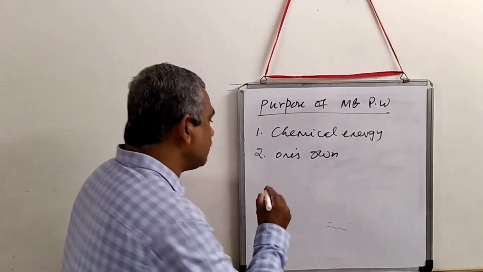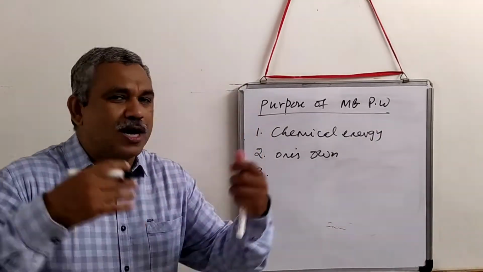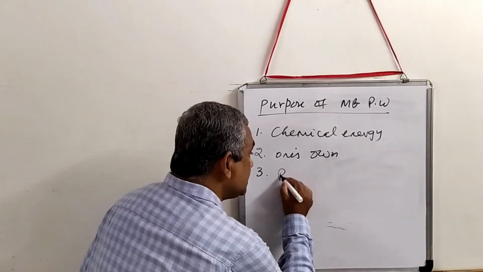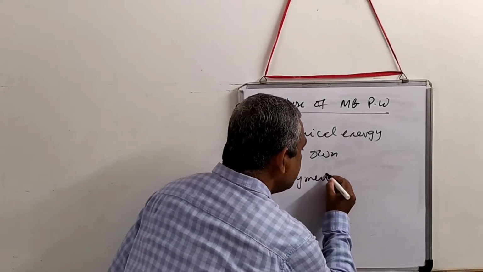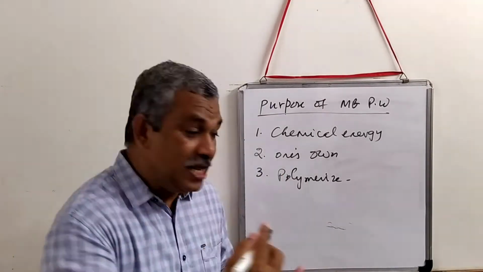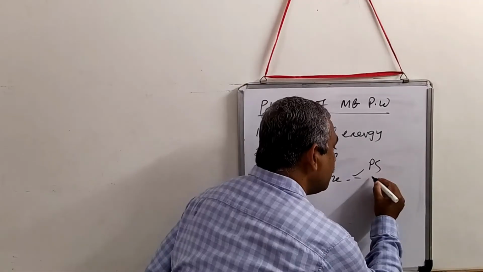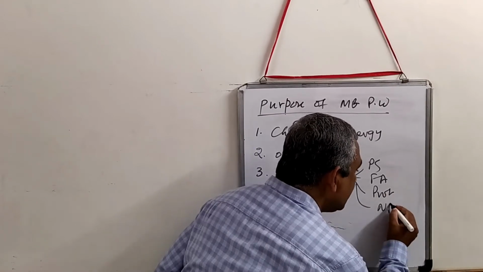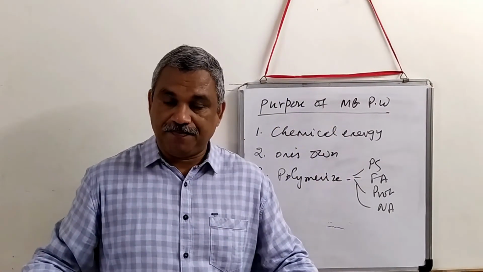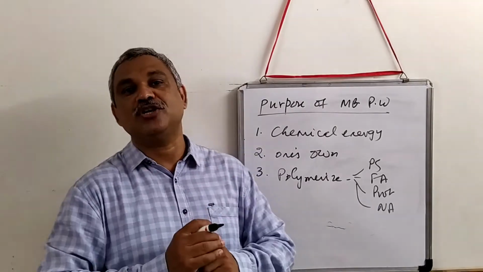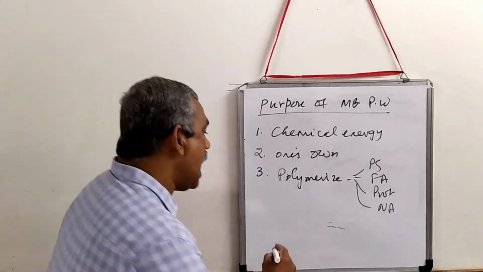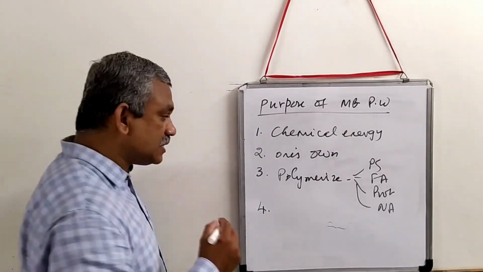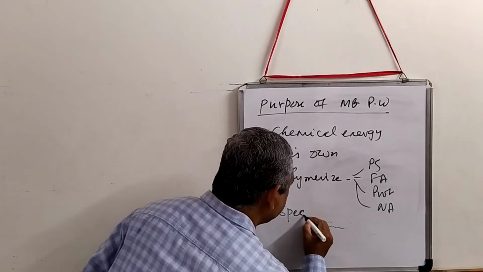The third function of the metabolic pathway is, once you make biomolecules your own, then polymerize them into polysaccharides, fatty acids, proteins, nucleic acids, etc. That is the third function of metabolic pathways. And the fourth function is to synthesize special molecules.